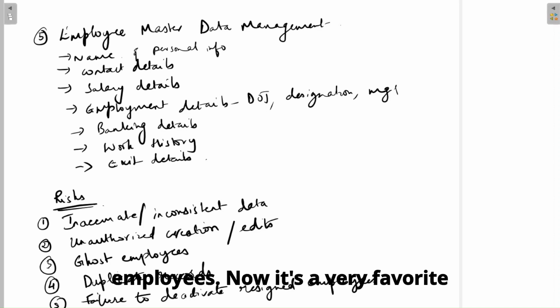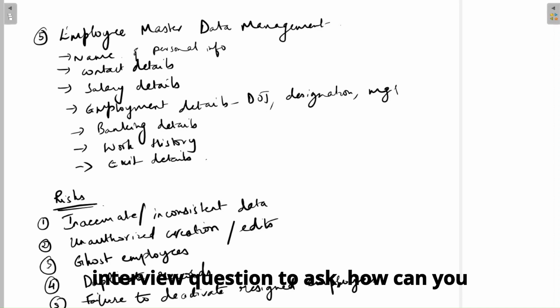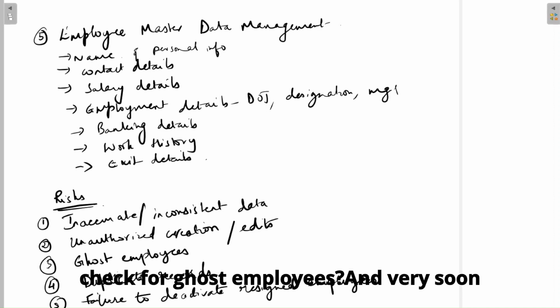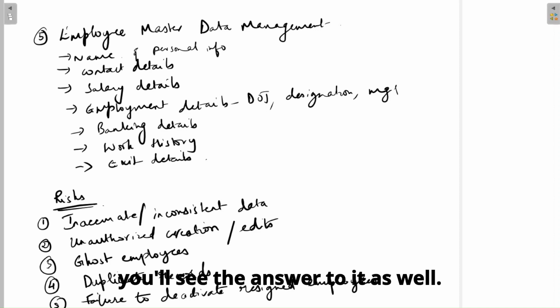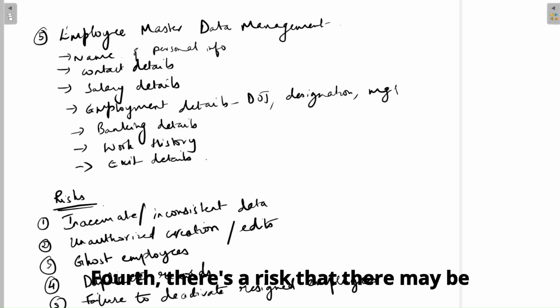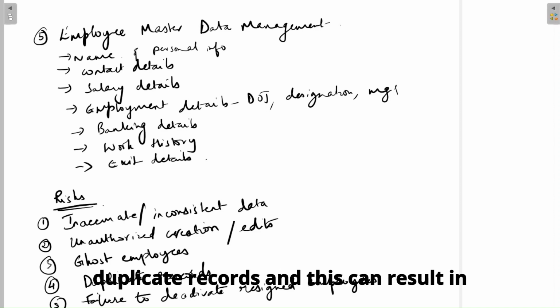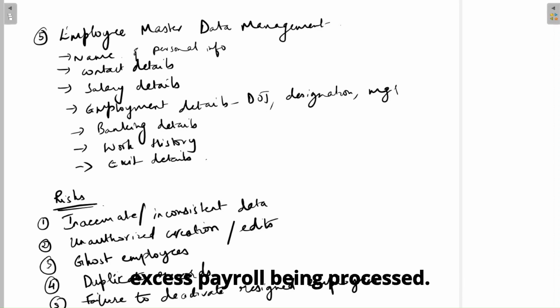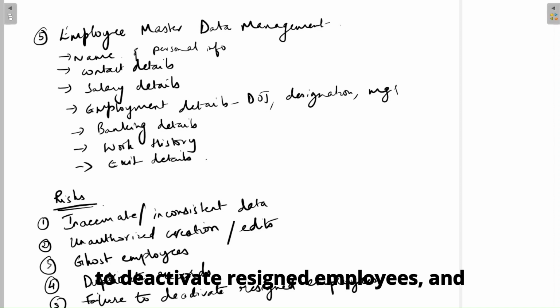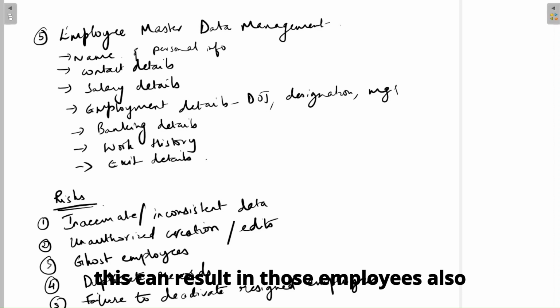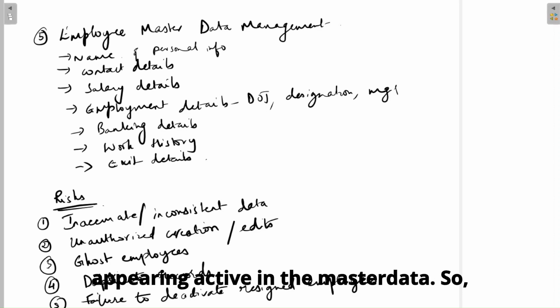Now, it's a very favorite interview question to ask: how can you check for ghost employees? And very soon we will see the answer to it as well. Fourth, there's a risk that there may be duplicate records, and this can result in excess payroll being processed. And lastly, there could be a failure to deactivate resigned employees, and this can result in those employees also appearing active in the master data.